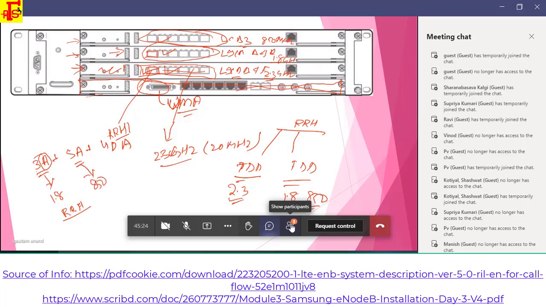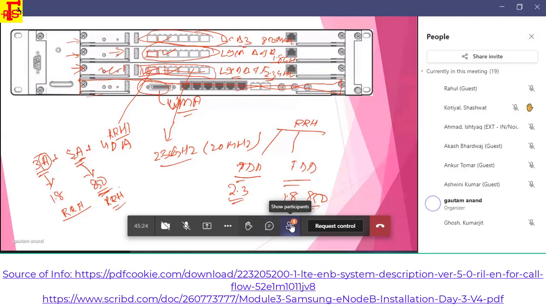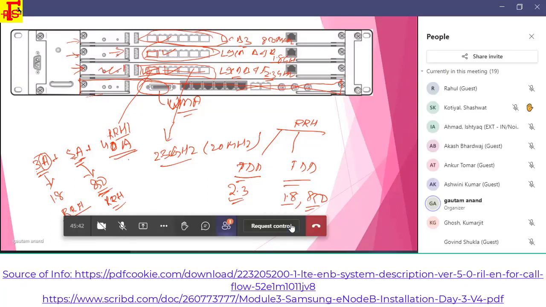Band 5 class A, that means a second RRH that supports 850 is required. And 40A is band 40, that is a TDD RRH. So a TDD RRH is required. In total, 3 RRH are required.